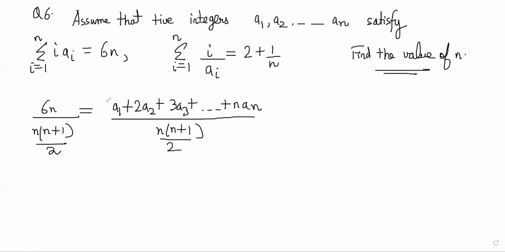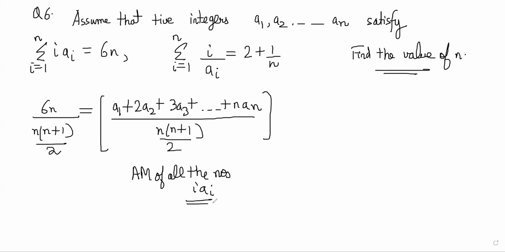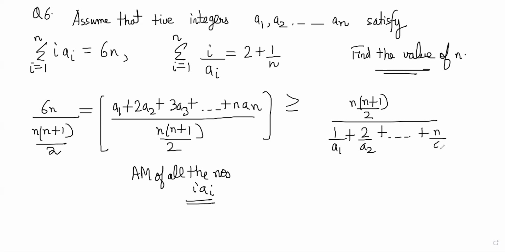Now, this is basically the AM of all the numbers iai, right? So that will be greater than or equal to the HM. So what is the HM? That will be n into n plus 1 by 2 divided by 1 by a1 plus 2 by a2 plus n by an.